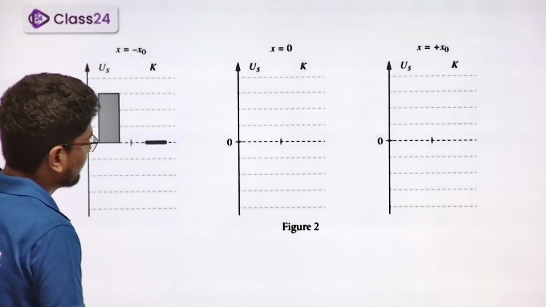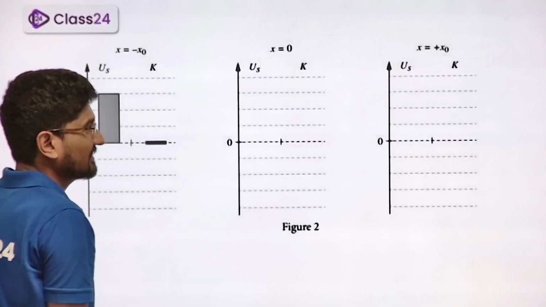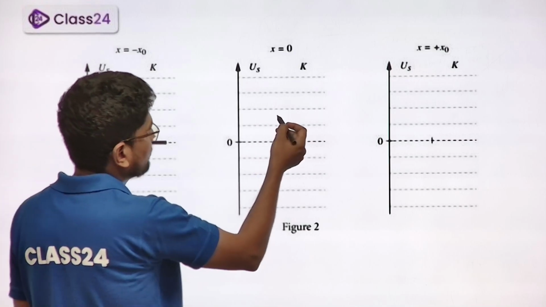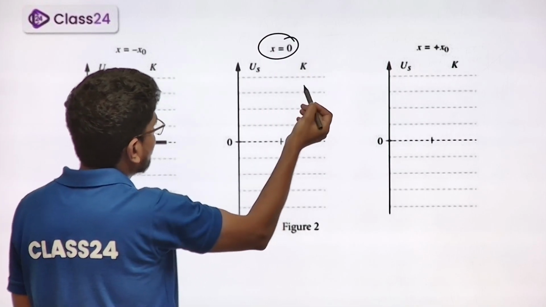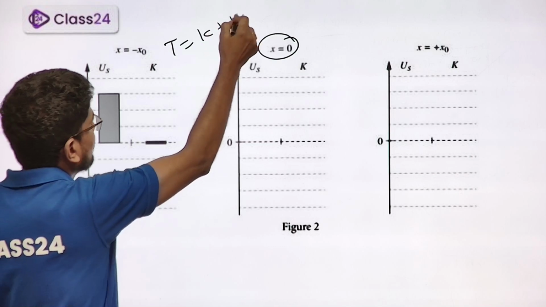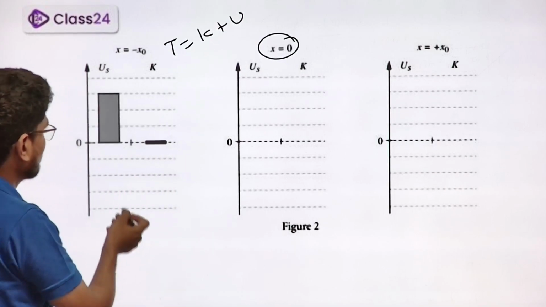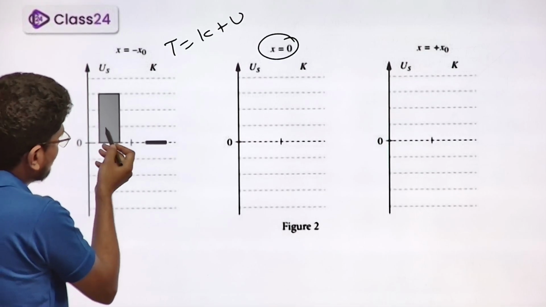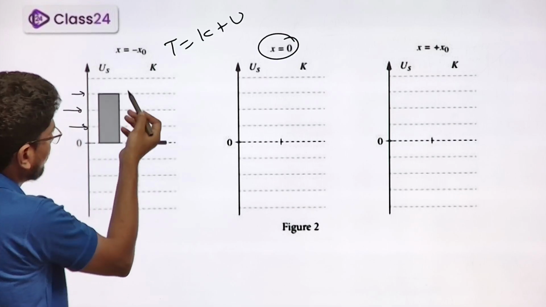So that is a translation: how you translate one kind of information into another kind of information. That's why it is called translation. At the mean position, the kinetic energy will be maximum because the total energy is constant, kinetic plus potential. You need to be conscious about the unit or scaling.